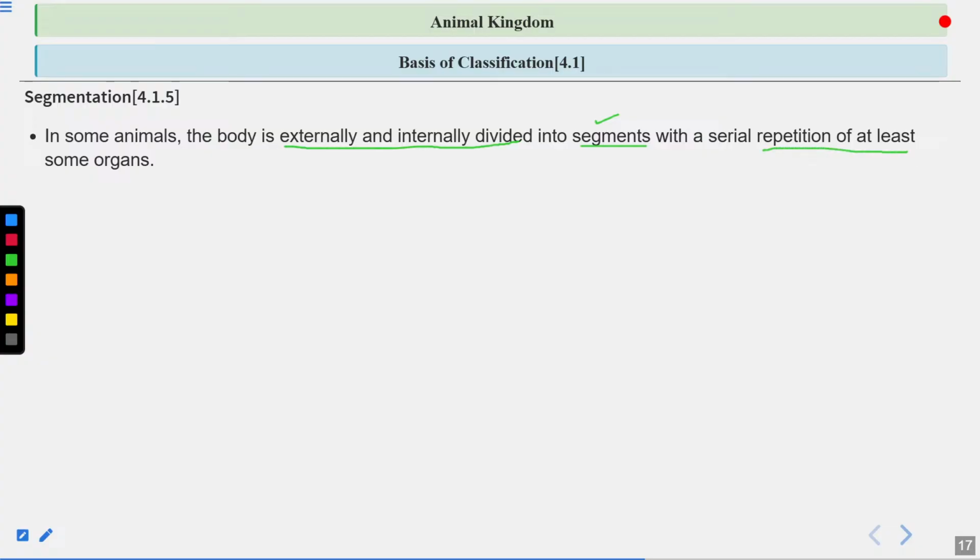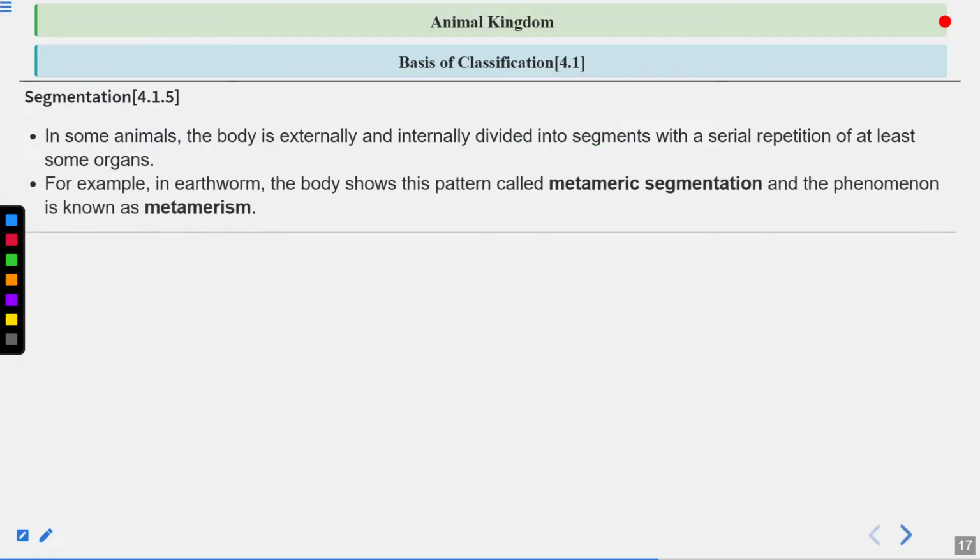Repetition of at least some organs. This is a very, very important feature. Such a pattern is called metameric segmentation, and the phenomenon is known as metamerism.